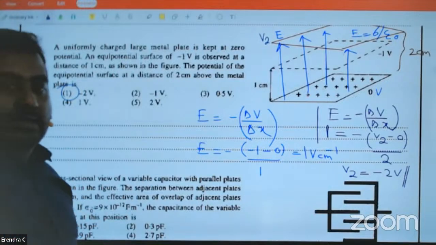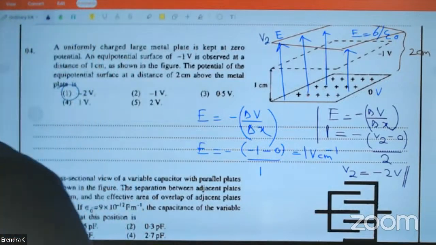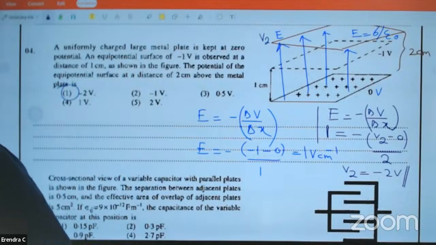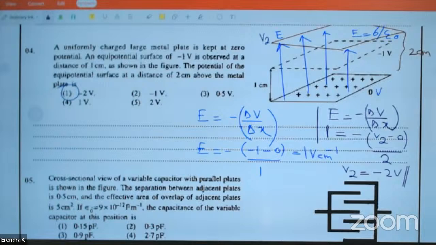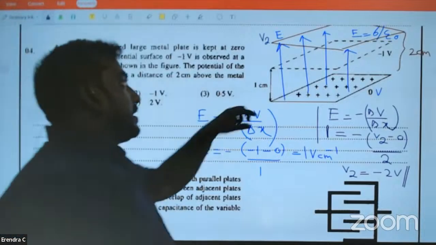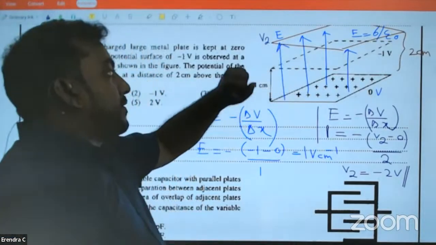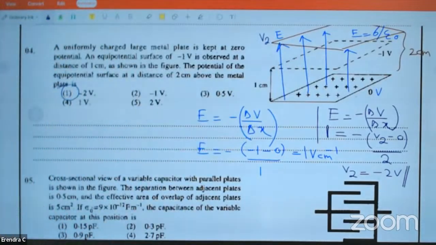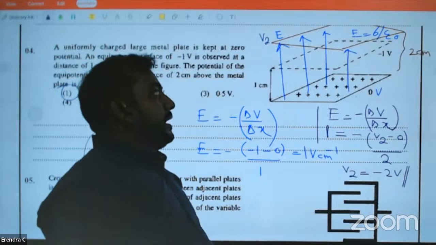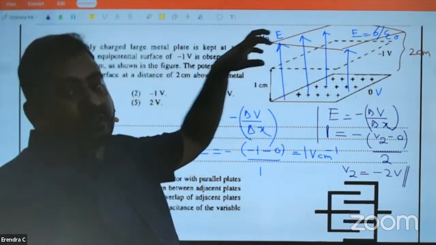Write this down. For a uniformly charged metal sheet, the electric field strength is independent of the distance from the plate.